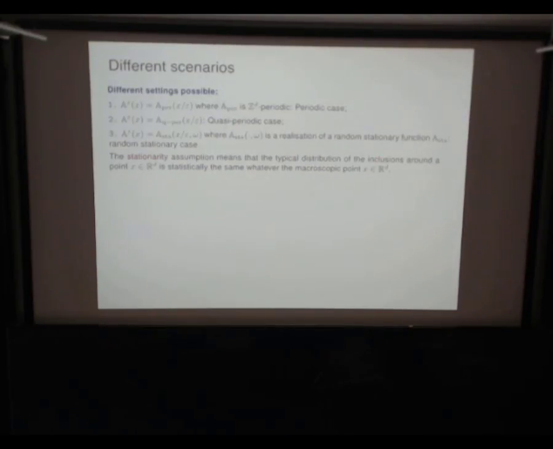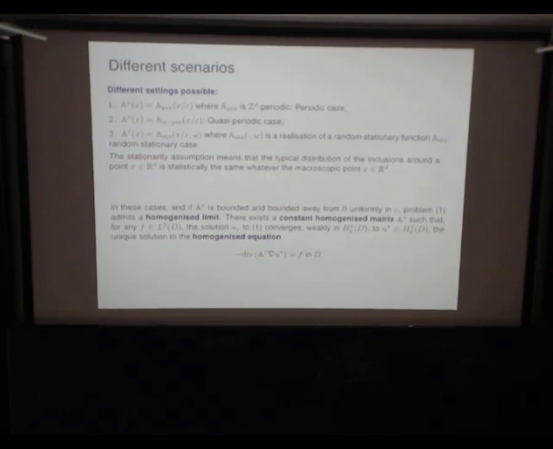And in a broad sense, stationarity means that the distribution of the inclusions at a certain point is statistically the same wherever you look in space. Okay, and then in these cases, if A epsilon is bounded and bounded away from 0 uniformly in epsilon, then problem 1, the previous problem, admits a homogenized limit, and even there is a constant homogenized matrix A star, as we have seen in the previous talk.